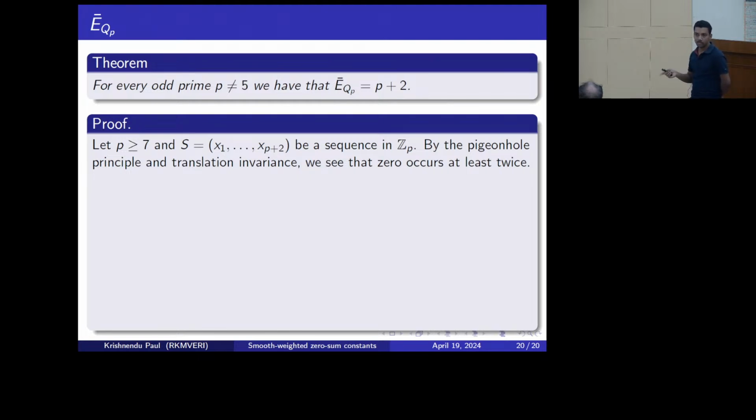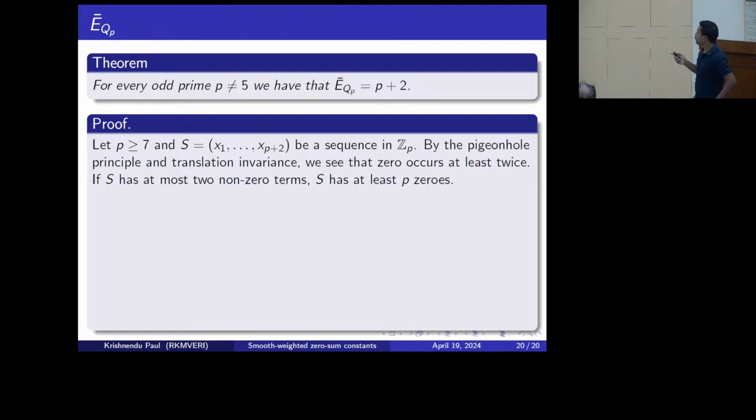as the length is p plus 2. Obviously sometimes it repeats, and we have seen in the earlier slides, from the remark, that 0 occurs the maximum number of times. So we can assume that 0 repeats at least twice.